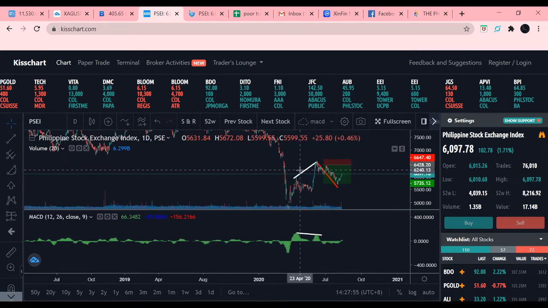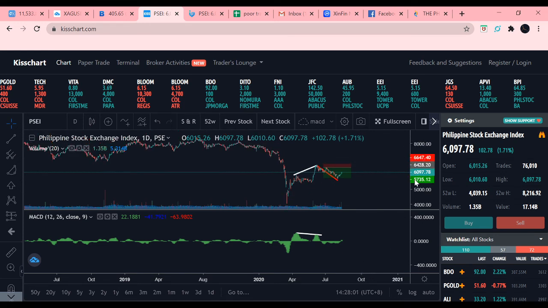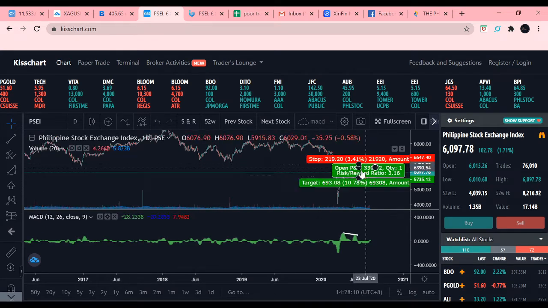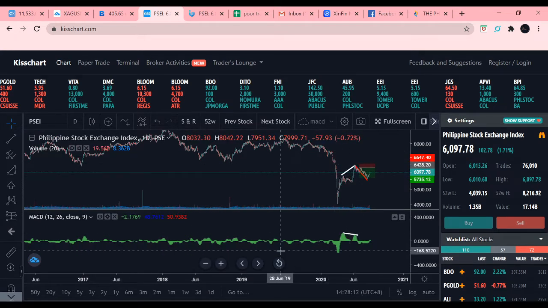Anyway, that's how to use it. Another strategy for using the MACD is to spot divergence, using the histogram. Since this is bearish, let's look for a bullish divergence.